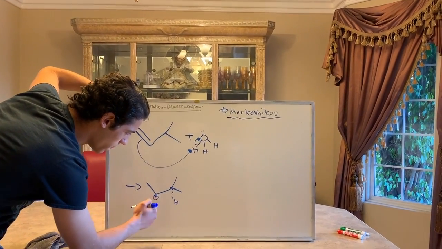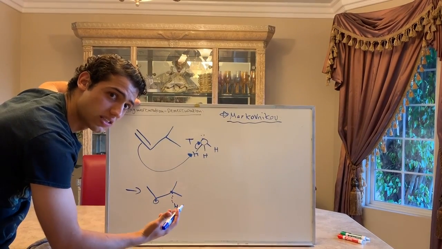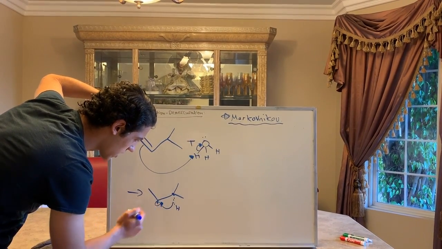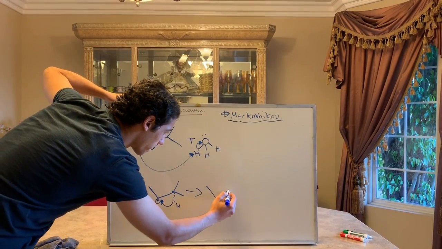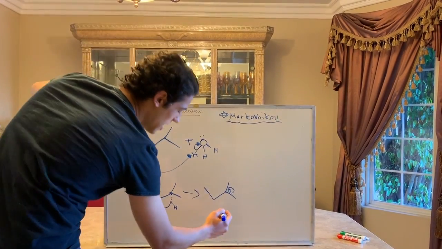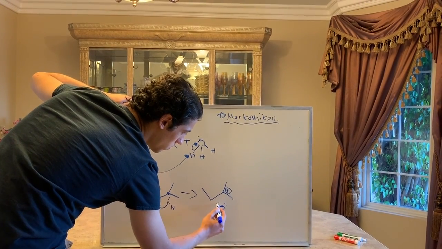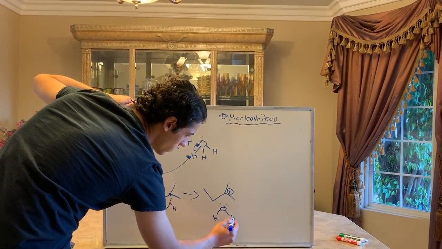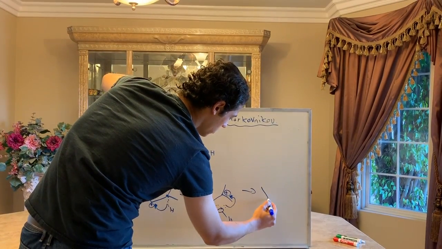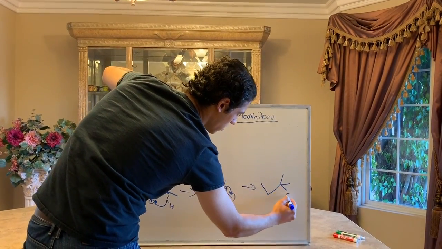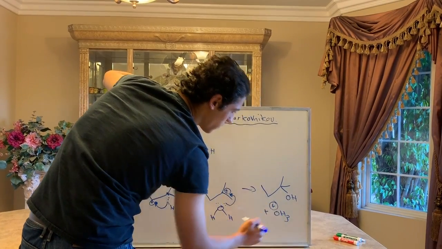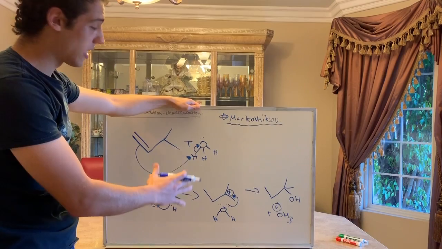What would happen is, because it is more stable to form that carbocation on a more substituted side, the hydrogen would come towards that carbon, resulting in my carbocation on the more substituted side, and my H2O is going to come and attack here, resulting in this. So that's the carbon rearrangement.